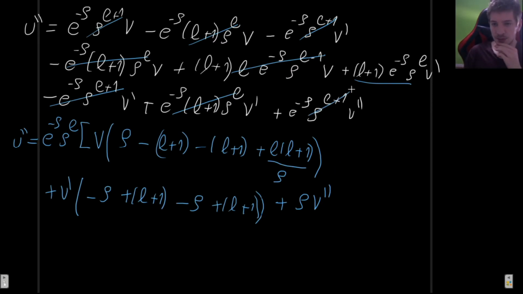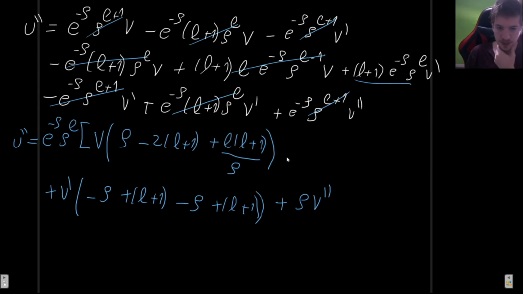Okay, now there's a few more simplifications we can do, because here, well, this is just minus 2 times L plus 1. So this is basically just minus 2 L plus 1 plus this right there. And here we have minus 2 rho and plus 2 L plus 1, and we can just get rid of this. Plus, whoops, that does not look like a plus, plus rho v prime prime.